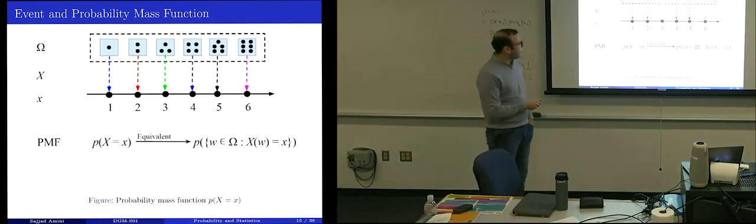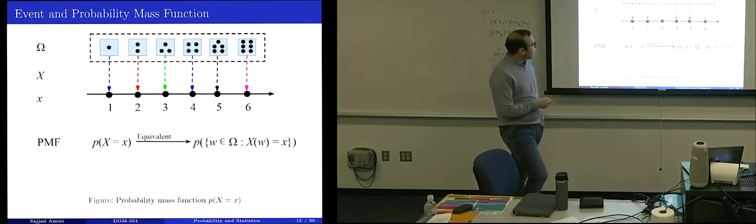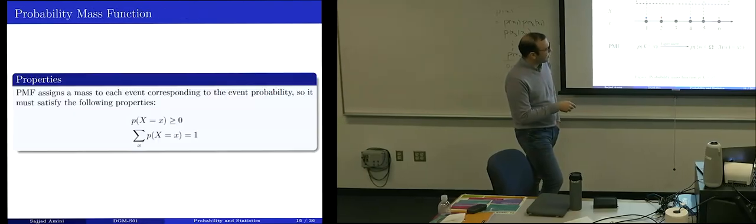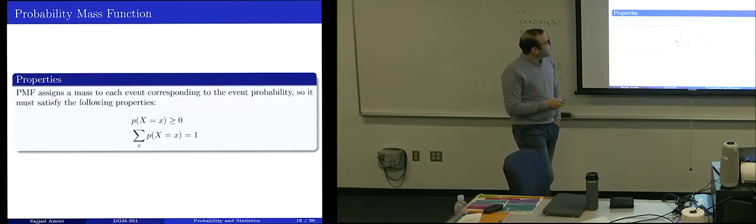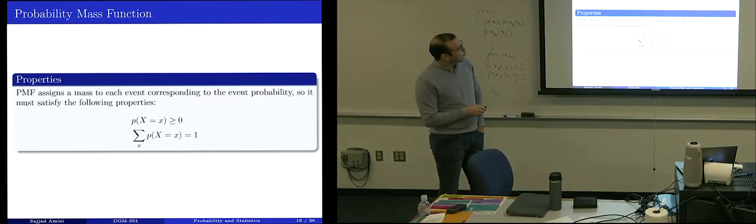The PMF is also another mapping which assigns a probability to each isolated event. I mean, one of the elements in the sample space, which is defined as the probability of this set. So the PMF has two properties.